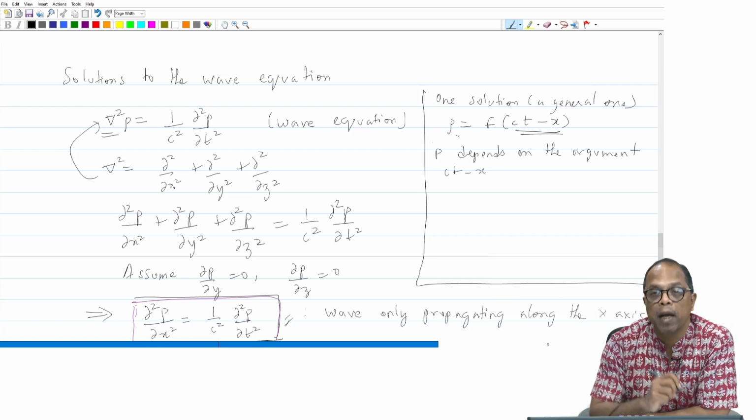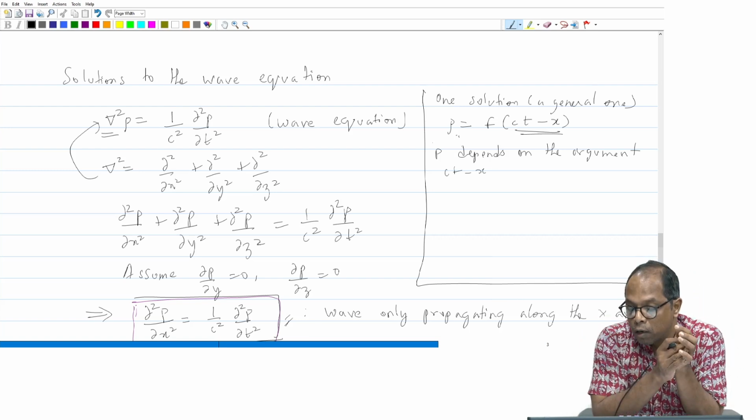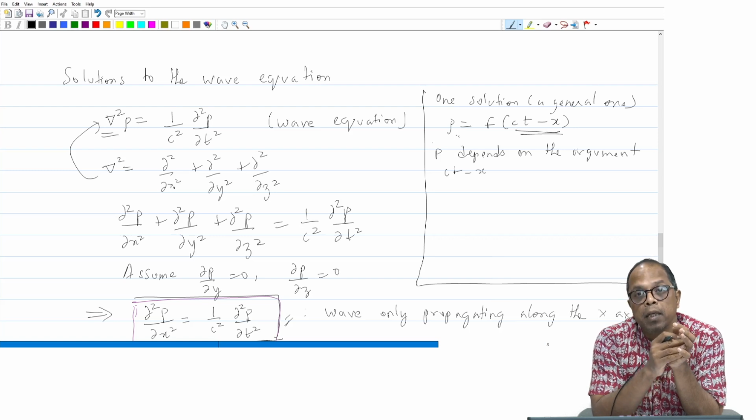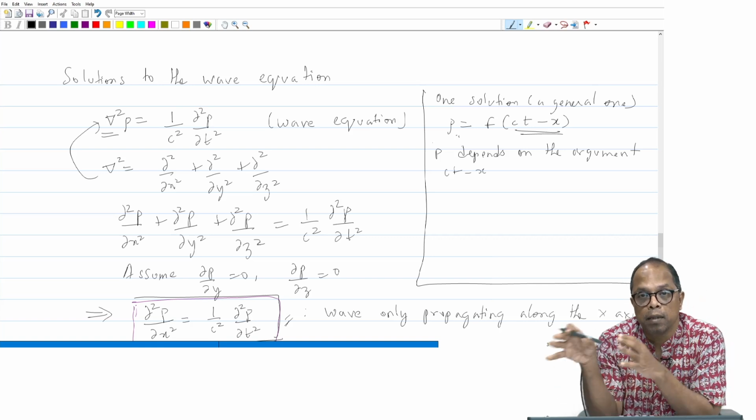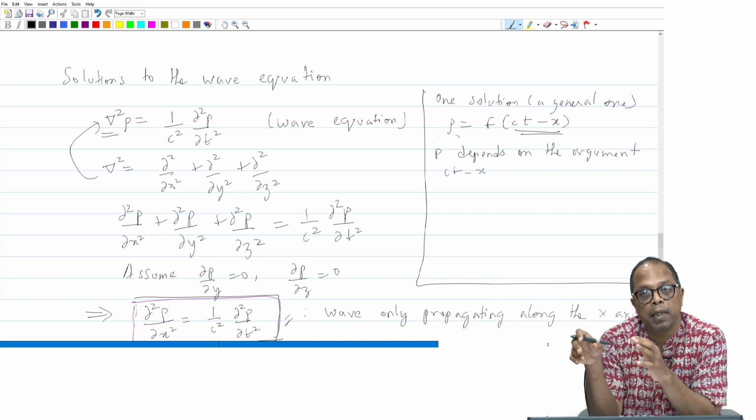So, you could have different values of t and x, but it does not matter as long as your argument c times t minus x equals the argument c times t minus x at another time.